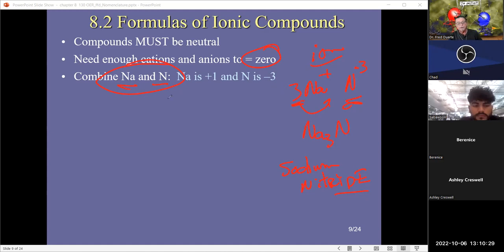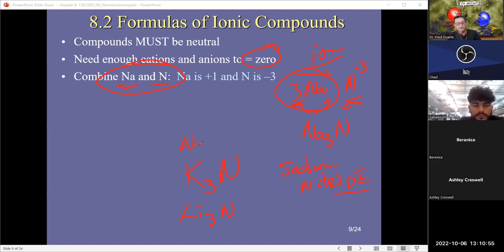Now, while we're doing this, you can start thinking ahead, and sodium's in group 1. So every metal in group 1, you can combine with the nitride. Okay, so you can do the same thing with potassium nitride. Okay, you can do the same thing with lithium nitride.